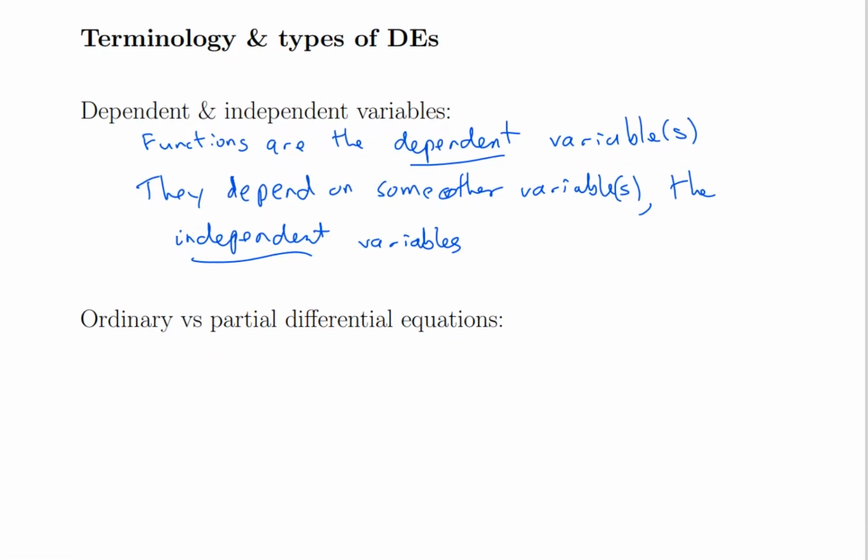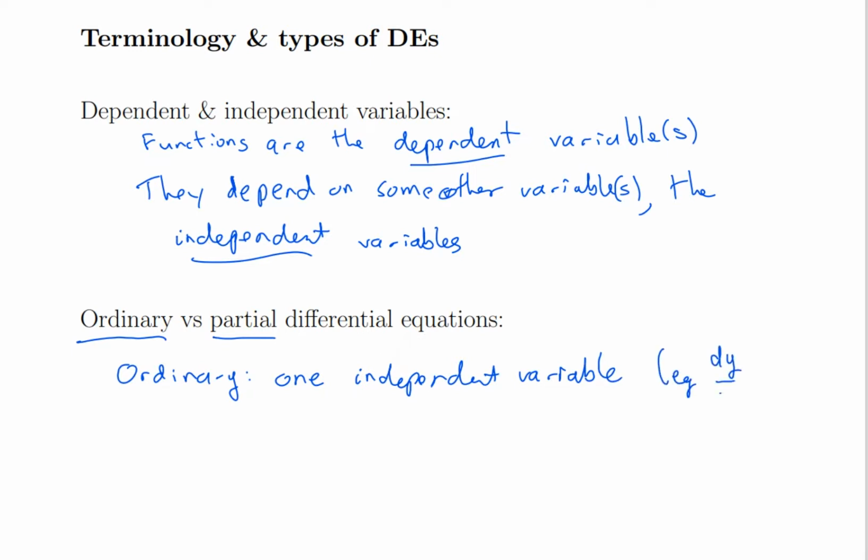Now the next terminology is the difference between ordinary and partial differential equations. Ordinary differential equations are the ones where you've got one independent variable, for example, the one we just had, dy dx equals 2y. And partial differential equations have more than one independent variable. It's very easy to tell the difference because in partial differential equations, the derivatives will have to be partial derivatives.